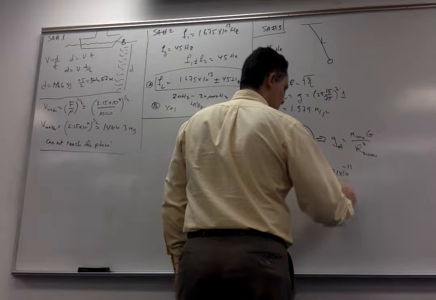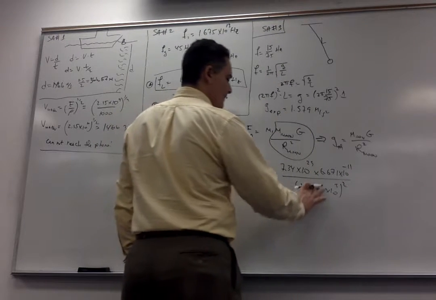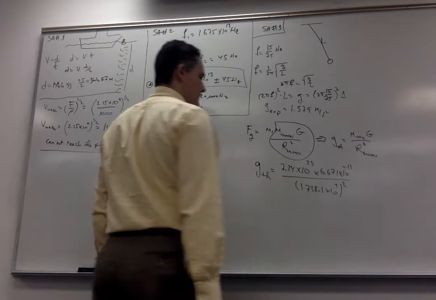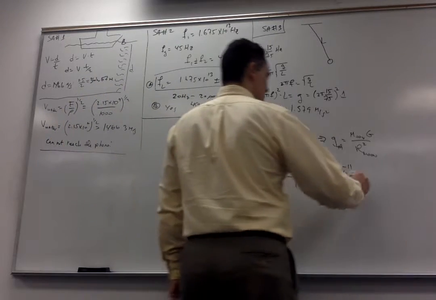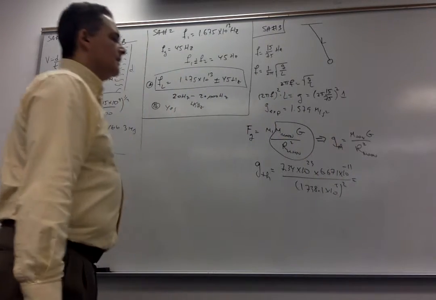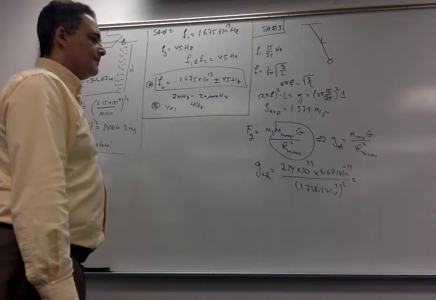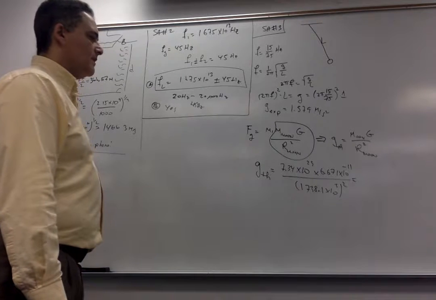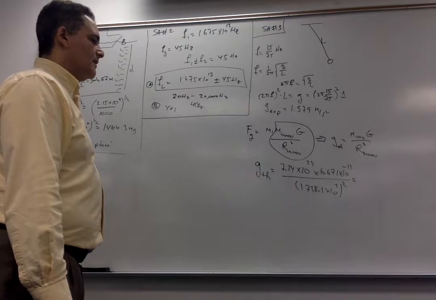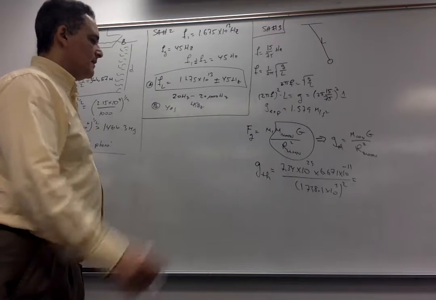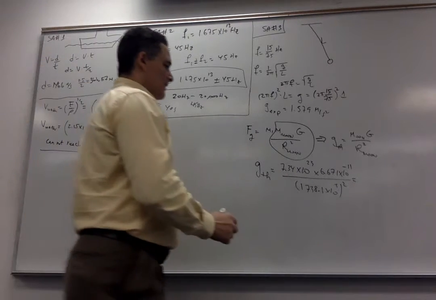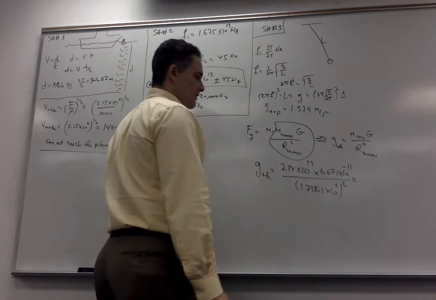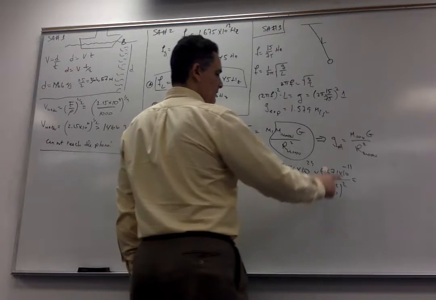Correct. Okay, so this is going to give us what? 10 to the 6, 10 to the 12, so 25.